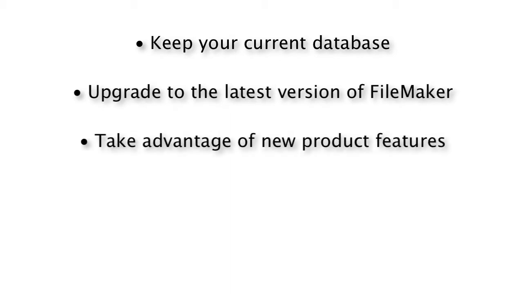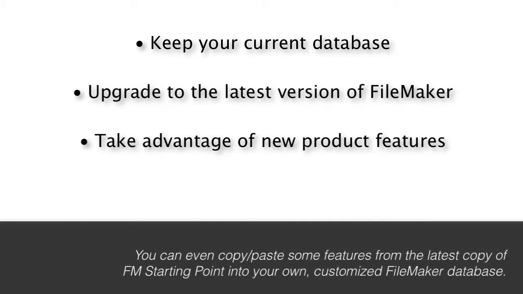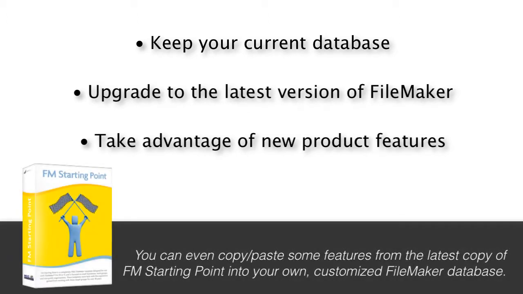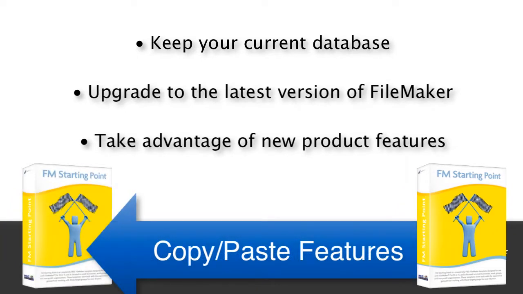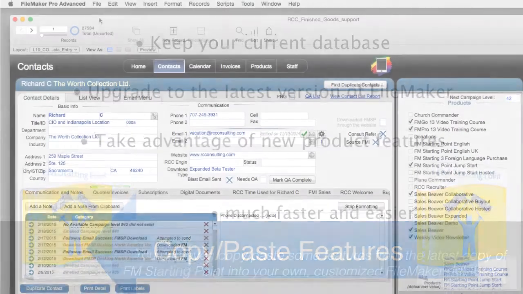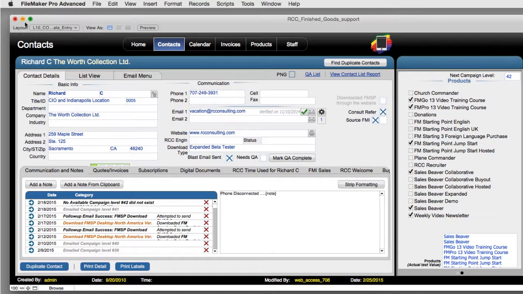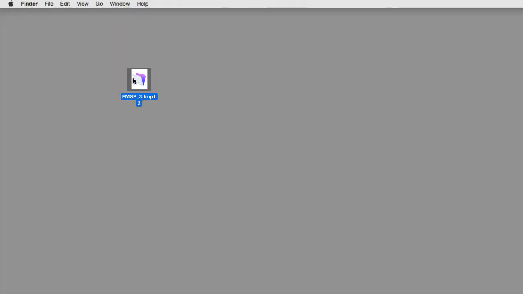And feel free to copy and paste some of the new features out of the latest copies of FM Starting Point back into your own customized FileMaker database. That is frequently much faster and much easier to do. In this case, this sample database is working for us. It's highly customized, but it's working fine, so we're just going to leave it alone.